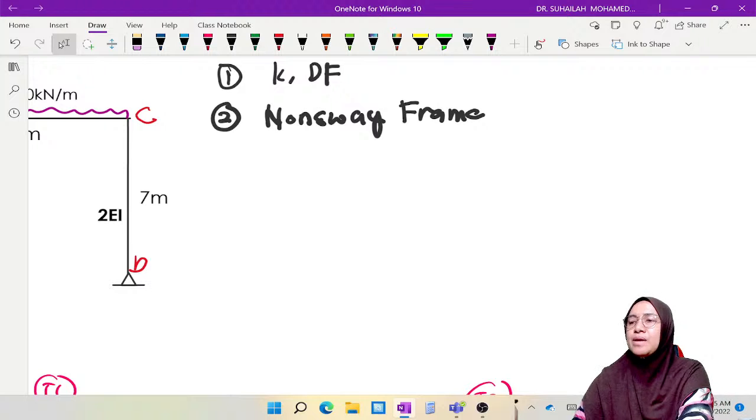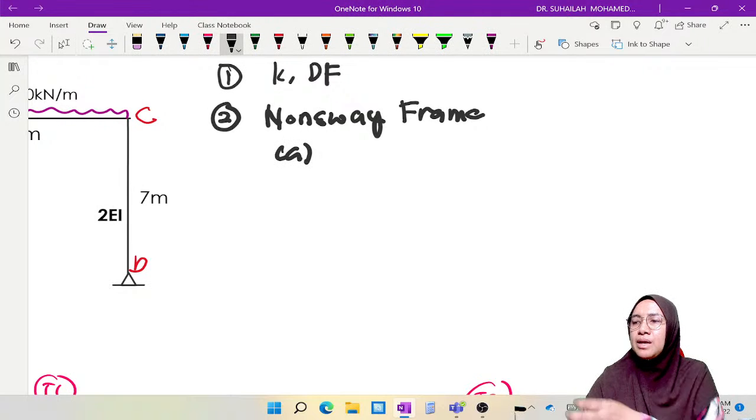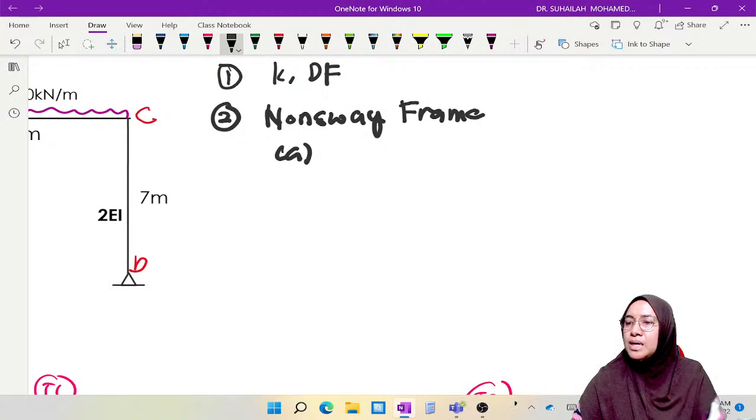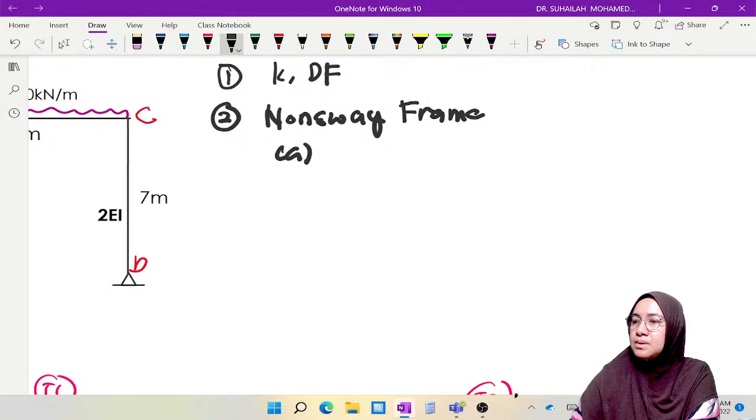In the non-sway frame, we have 3 steps under non-sway frame analysis. Number one is FEM, which is due to loading.